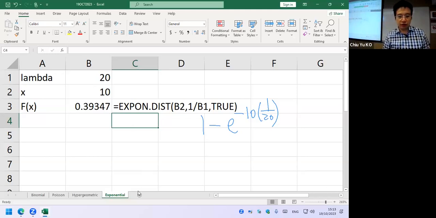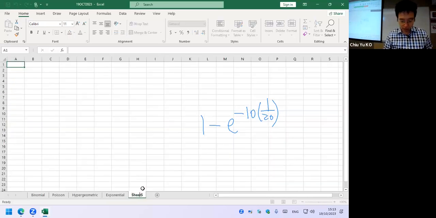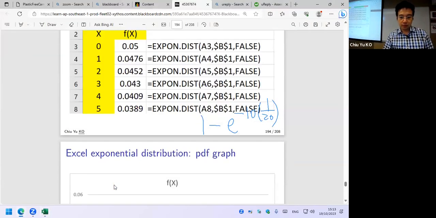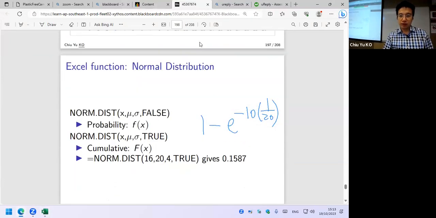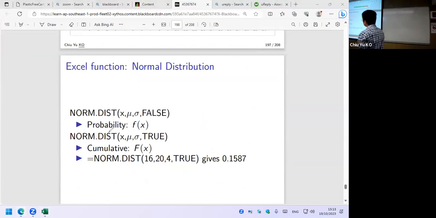Now we are going to the very last one, which is normal. So don't worry, that will be simple. Normal, our last one. Normal, that is the standard table. And the good thing about Excel is they do the standardization for you.